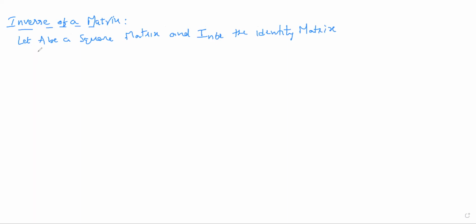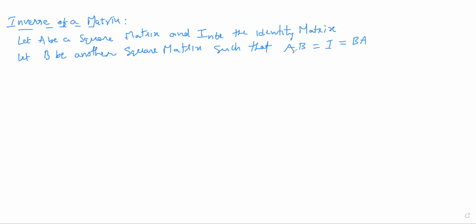So, if B, capital B, is another square matrix such that A into B is equal to I is equal to B into A. That is, if you multiply the matrix capital A with B, you get the answer identity matrix.